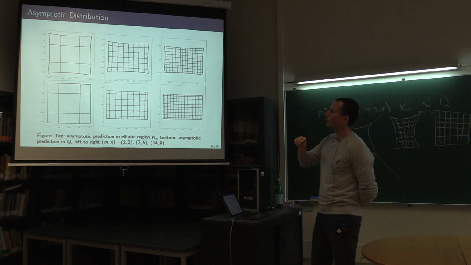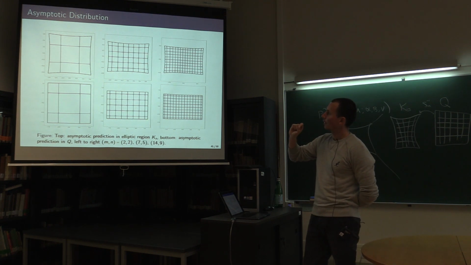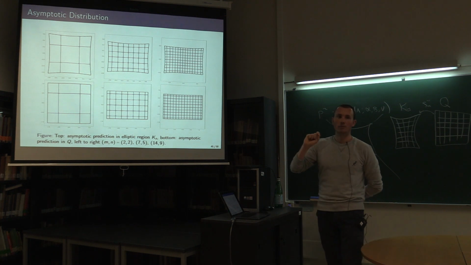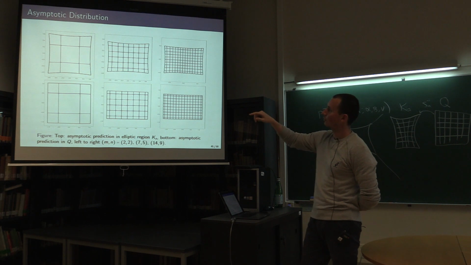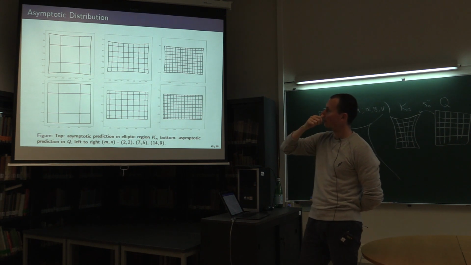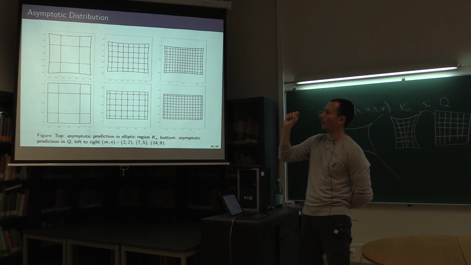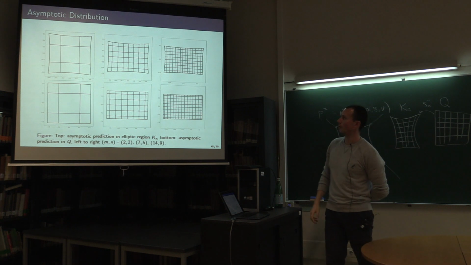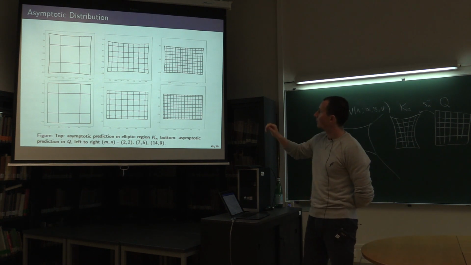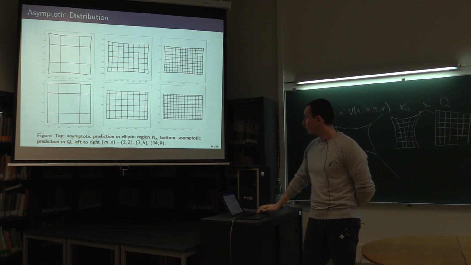And superimposed in blue are the exact locations of the roots. And see, already for m and n equal to 2, the exact location is almost identical to the vertices of the deformed lattice.